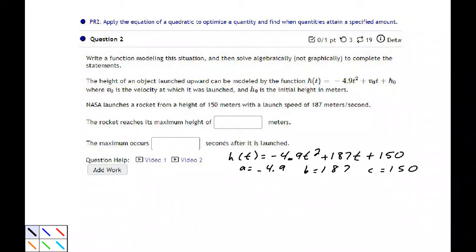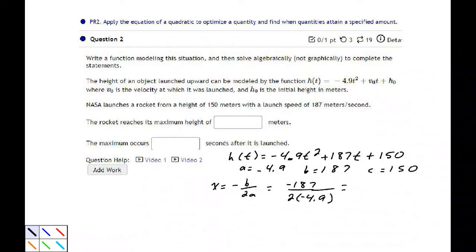I'm going to find my vertex, so I'll use x equals negative b divided by 2a. b is 187, so this will be negative 187 divided by 2 times negative 4.9. So the x value of my vertex is, once I get a calculator out, negative 187 divided by 2, parentheses, negative 4.9. Okay, I'm going to have to round to 2 decimal places.